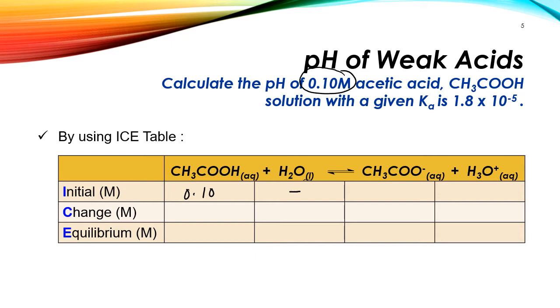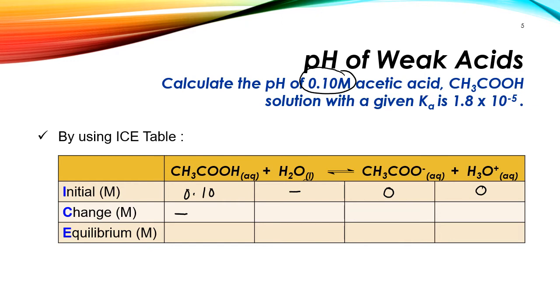So initially, the products are not formed yet, therefore they have zero concentration. During the reaction, there must be changes in the concentration of the reactant and product. The reactant will decrease in concentration, the product will increase. The reactant, acetic acid, decreases in concentration, so to indicate the decrease, we use the negative sign.